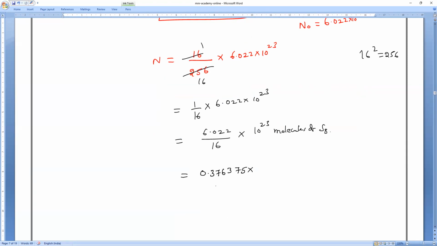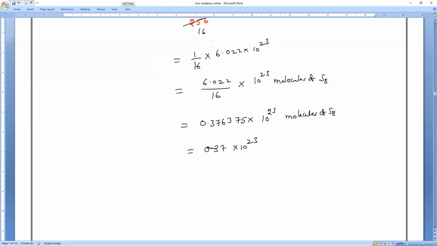You can write it fully, or else 2 decimals is enough. So 0.37 into 10 power 23 molecules of S8.